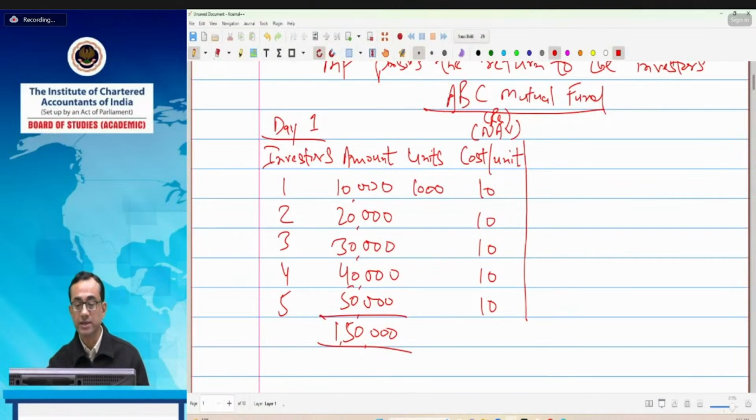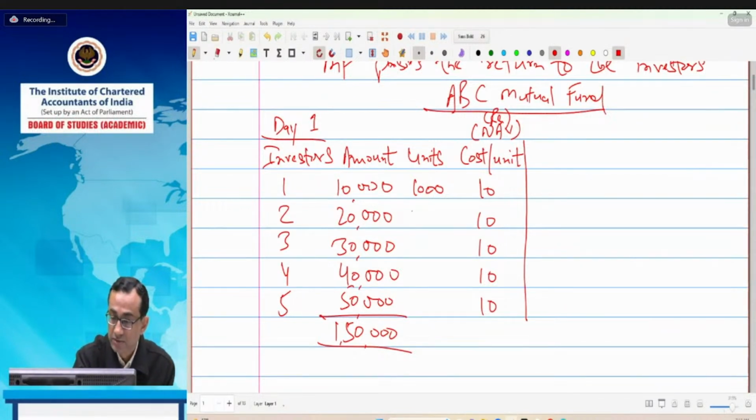In mutual fund, actually, the term share is not used. The term units is basically used, because the investors are not the shareholders of a particular company. So therefore, the mutual fund divides the whole amount into units.